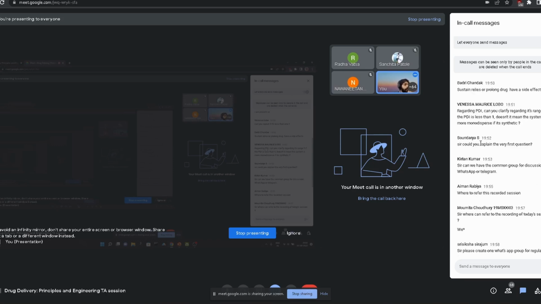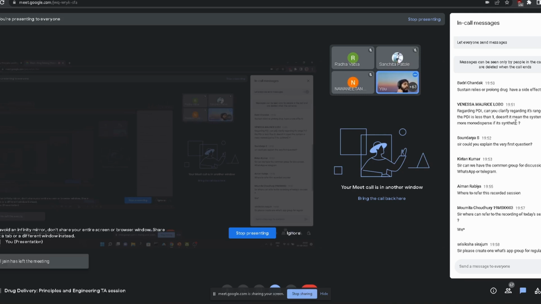Regarding polydispersity index, can you clarify its range? Doesn't it mean the system is more monodisperse?